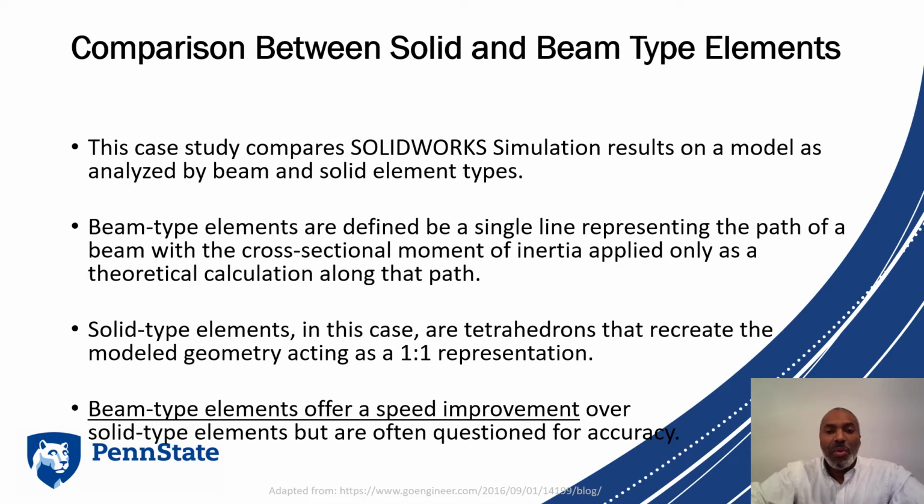So in these slides, we'll go over a case study where we look at the simulation results of a model that's modeling a long, slender beam, and we'll do it with beam elements and we'll do it with solid elements. Beam elements are defined as a single line representing a path of a beam with the cross-sectional moment of inertia applied only as a theoretical calculation along the path. What does that mean?